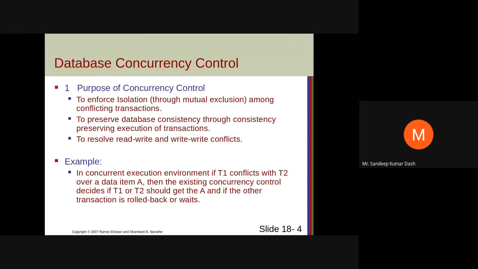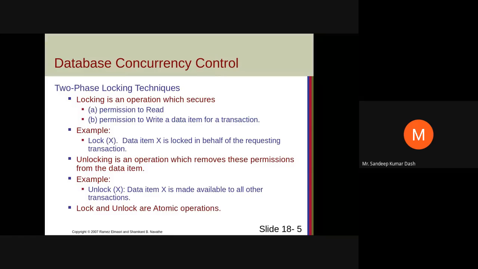Whether it is read-write or write-read, in all cases you should make sure that one process is going on, not two. Those things can be controlled by concurrency control techniques, whose mechanism is called locking protocol or locking techniques.